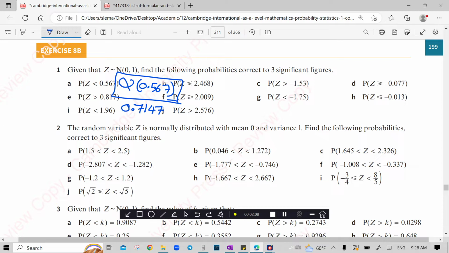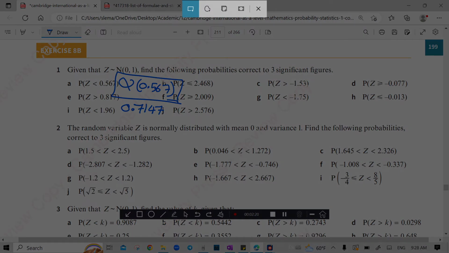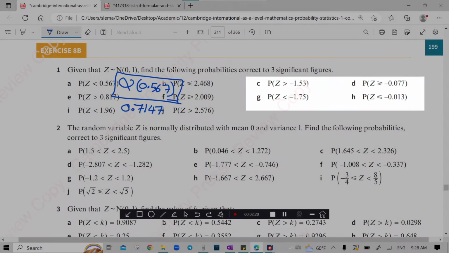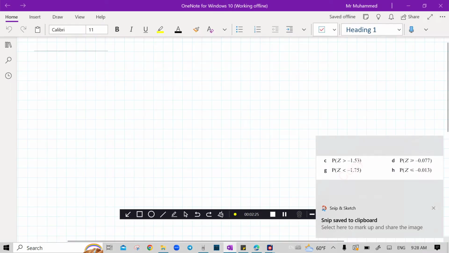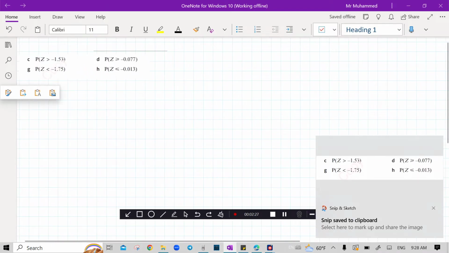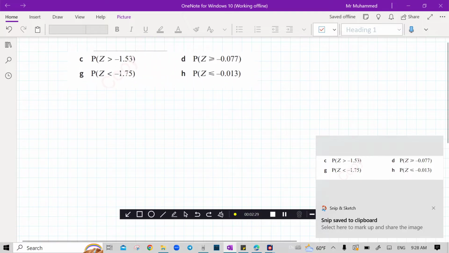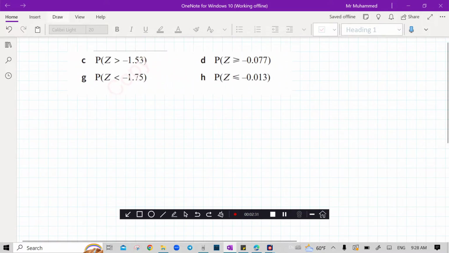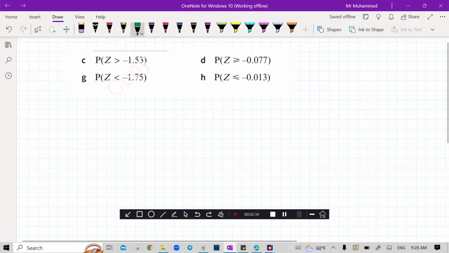Now if we look at these four, there's negative, greater than, equal to. I'll take these four to the notebook, to OneNote. The first one, we have Z greater than negative.